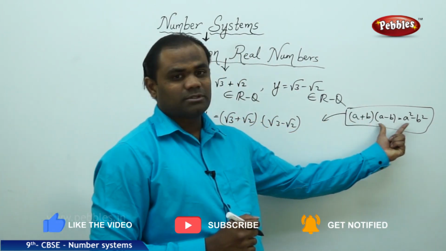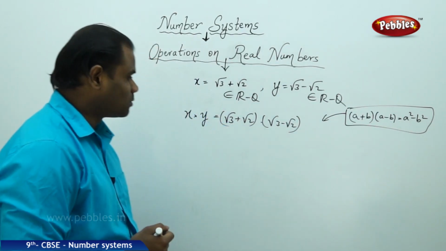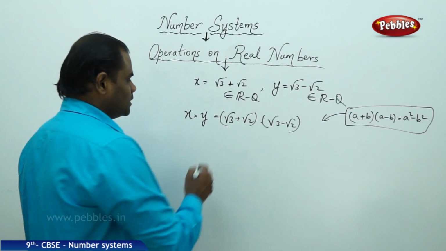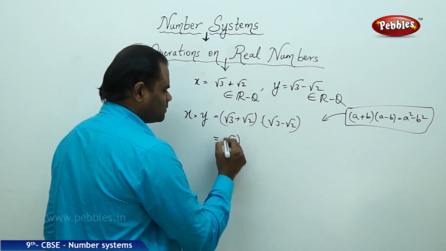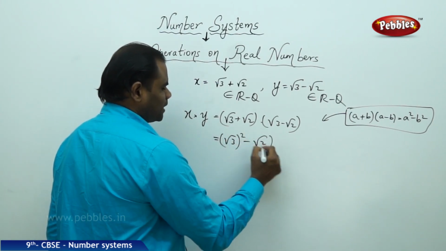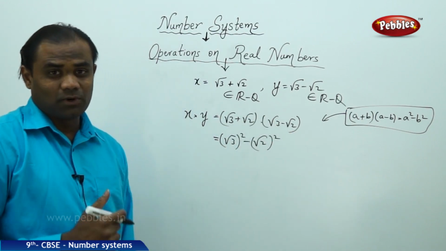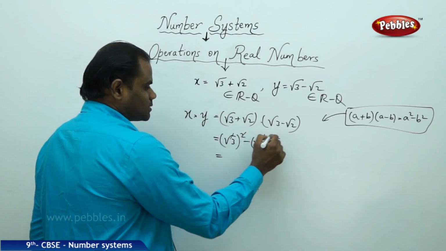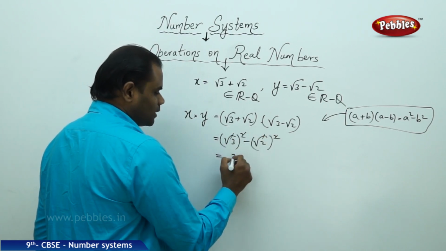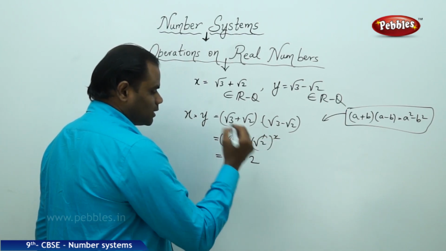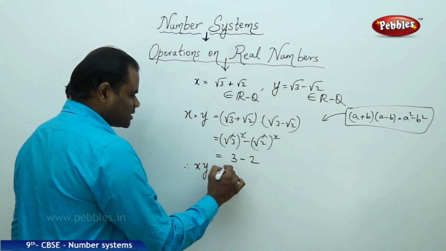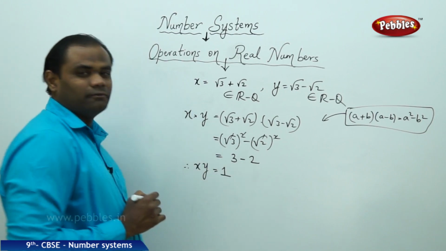Therefore, root 3 plus root 2 times root 3 minus root 2 is root 3 square minus root 2 square, which is what we get as the product. So root and squares cancel. Root 3 square is 3 and root 2 whole square is 2. Therefore, my product xy is 3 minus 2, which is 1.